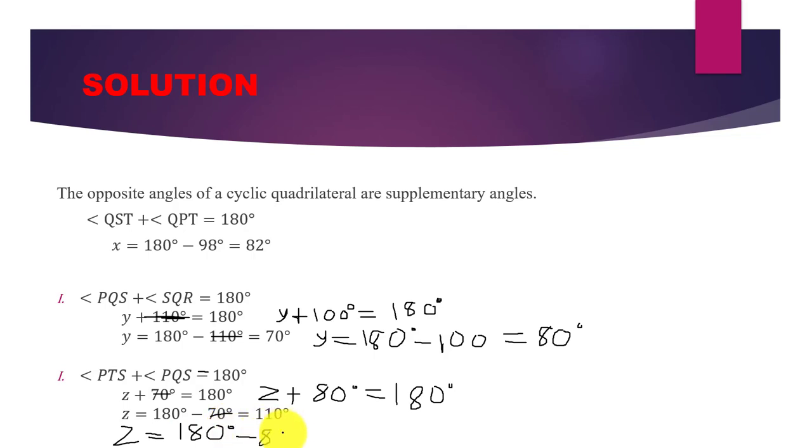I hope you can see the handwriting. Sorry. So we get the answer 100 degrees. Therefore, angle z, or the value of z, is equal to 100 degrees.